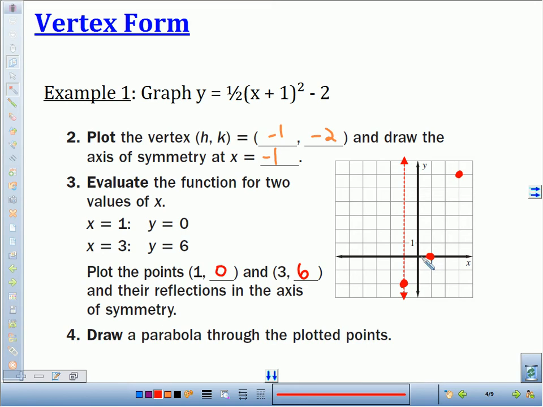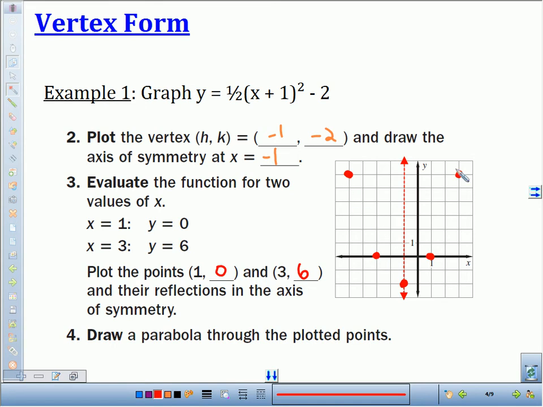This point is 2 units away from the axis of symmetry. So I'm going to go 2 units away on the other side and plot the point. The point (3, 6) is 1, 2, 3, 4 units away from the axis of symmetry. So I'll plot the other point 1, 2, 3, 4 units away from the axis of symmetry on this side.